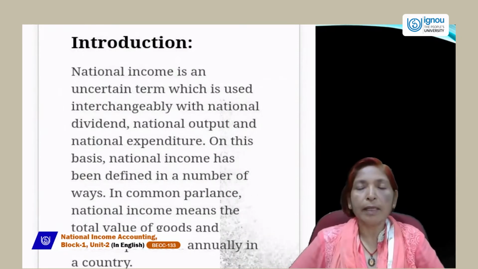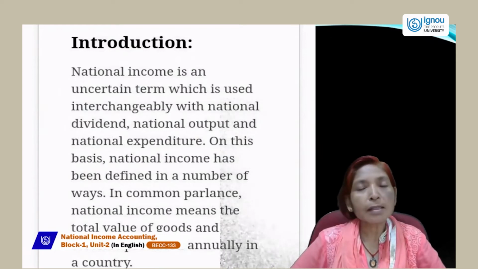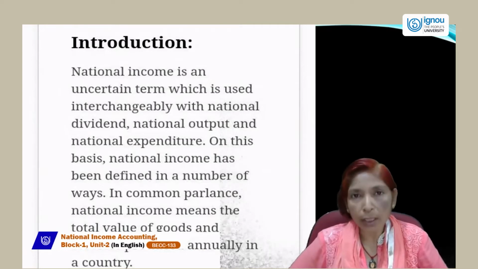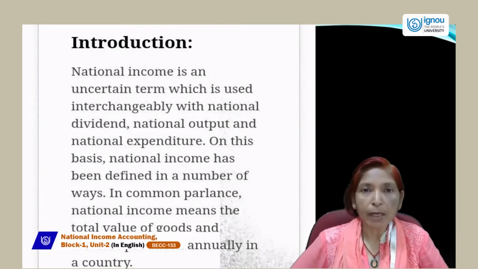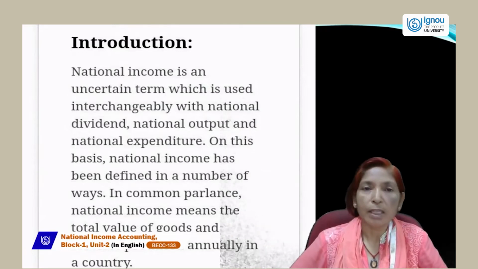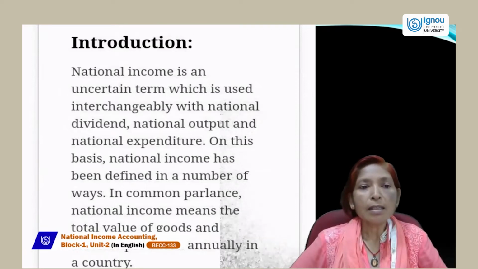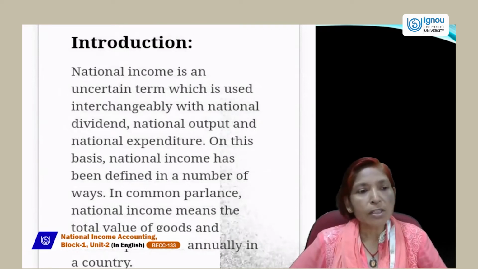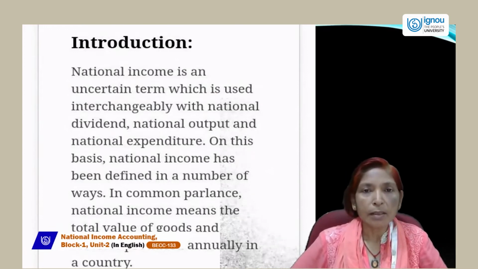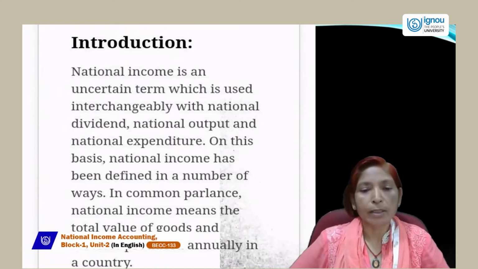In national income, first of all, we have to understand the concept of national income because we are talking about national income accounting. So in this topic, we have to know the meaning of national income. National income is an uncertain term which is used interchangeably with national dividend, national output, and national expenditure.